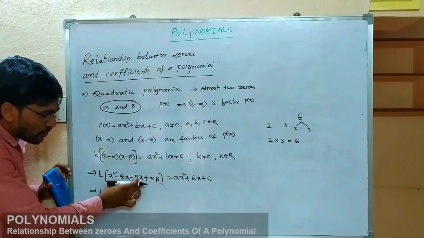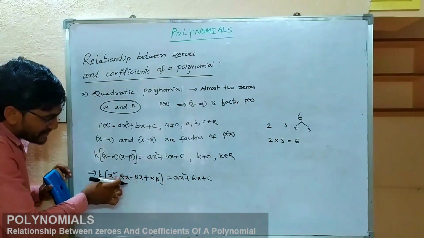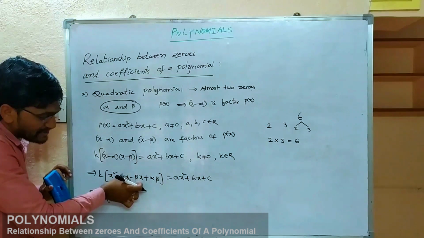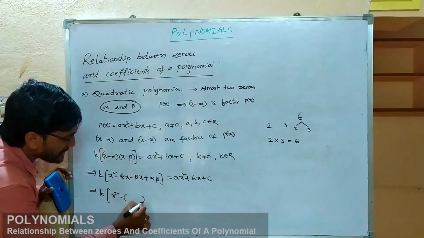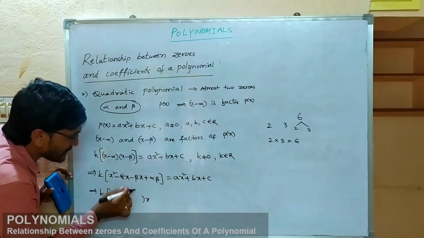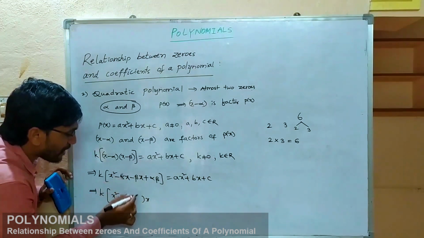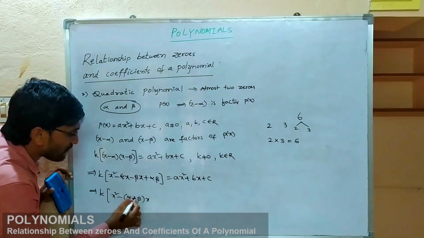Next, if we observe these two terms, what is the common value? The common value is minus x. Here minus x we have, and here also minus x we have. So taking minus x common, the remaining is alpha plus beta.